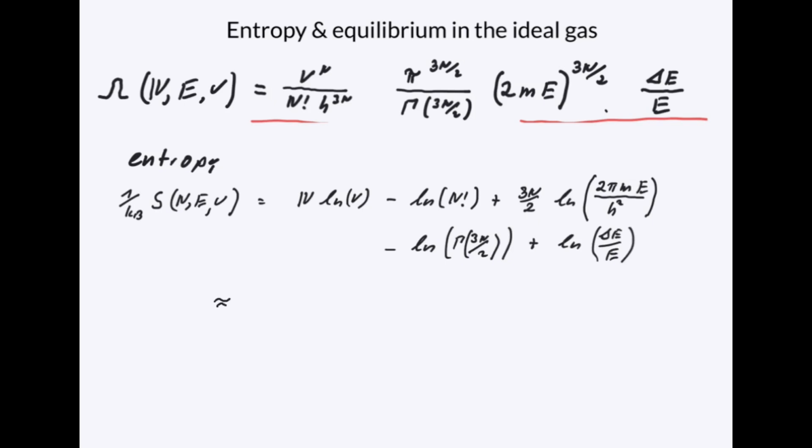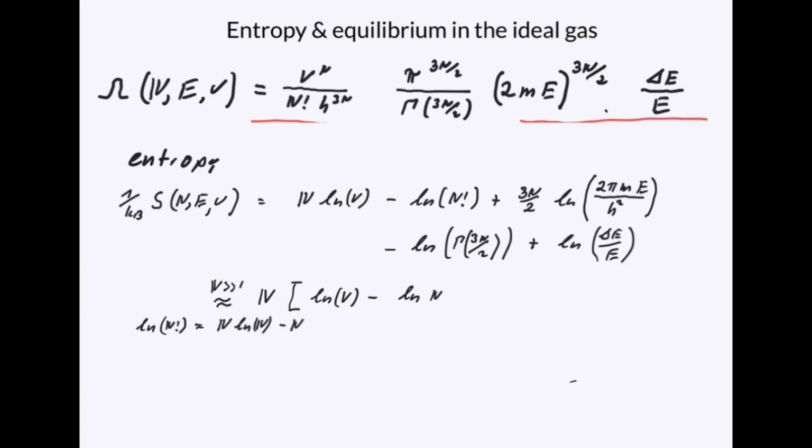What we now have to consider is that N is very large. So we will use Stirling's approximation, meaning that the log of N factorial is equal to N times log of N minus N, and the log of the gamma function is equal to the factorial of the argument.